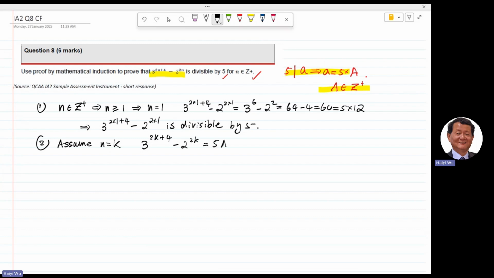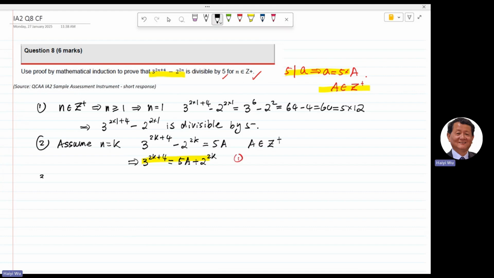I can write it as 5 times another number a, where a should be a positive integer. That's my assumption. Assume that's true. So I'm going to write this as 5a plus 2 to the power of 2k. That's the equation we're going to use later, so this is equation 1.